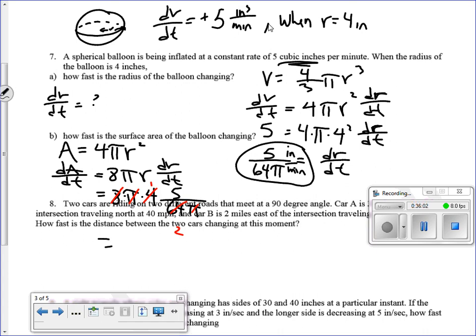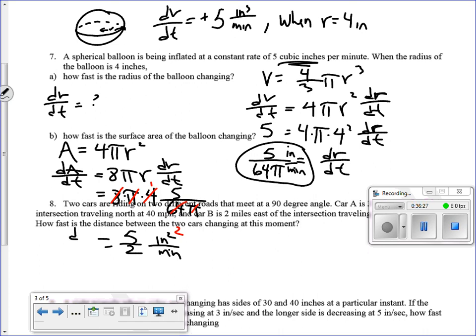Oh, wait a minute. Why did I? Ooh, the pi is supposed to cancel. I'm just making sure. Yeah. Okay, so the pi should cancel because on the key I think I have 5 over 2. It should just be 5/2 square inches per minute.